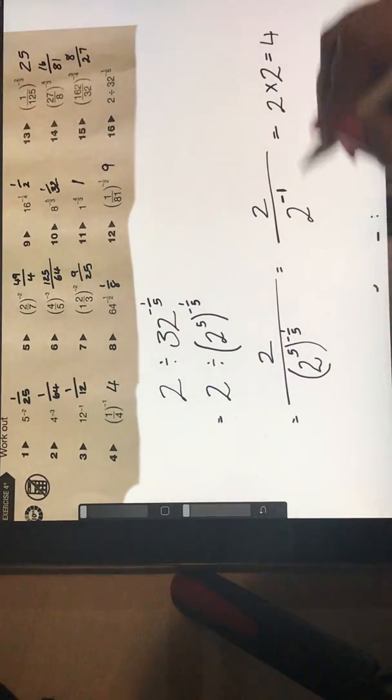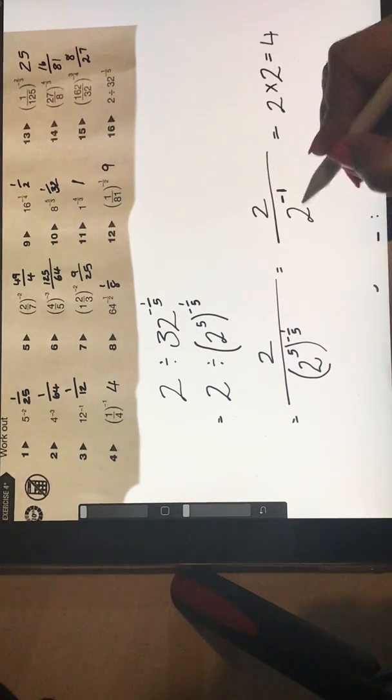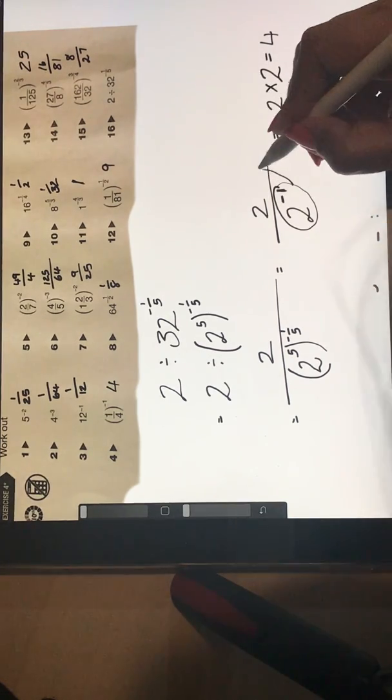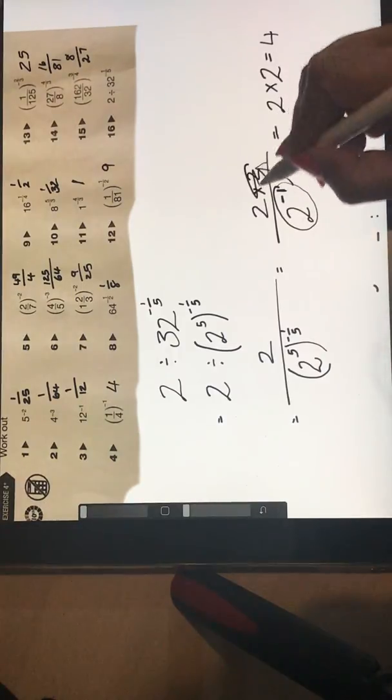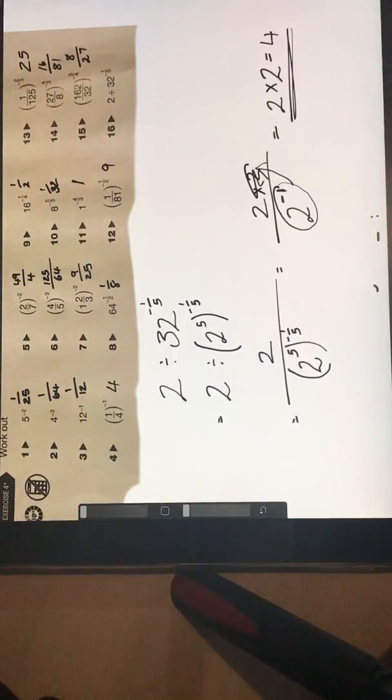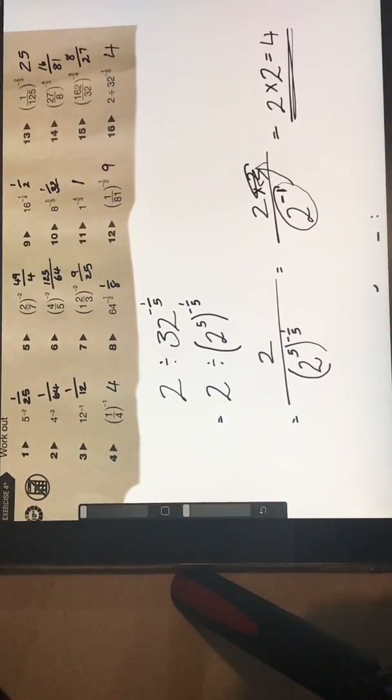If this is a negative 1 in the denominator, it will become a positive 1 in the numerator. That's why this can go up there, and that becomes a multiply. So that's where that part comes from. And that is your answer for number 16.